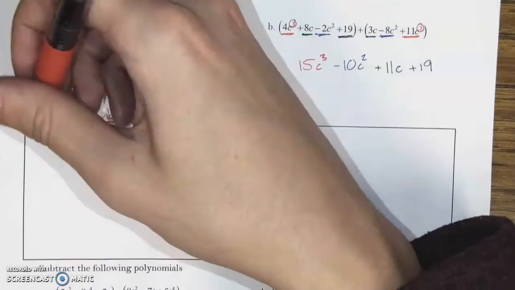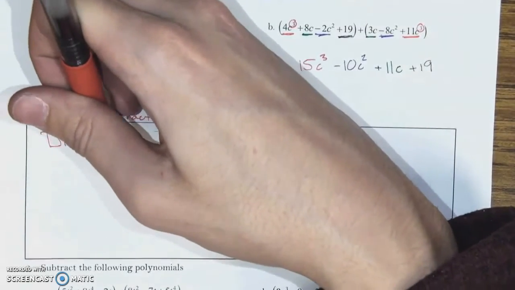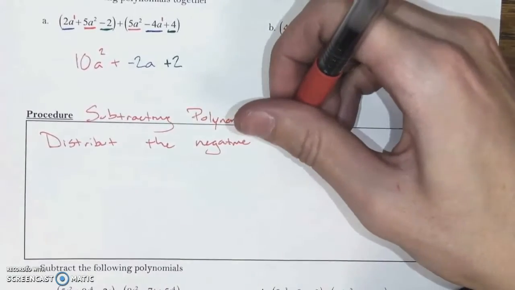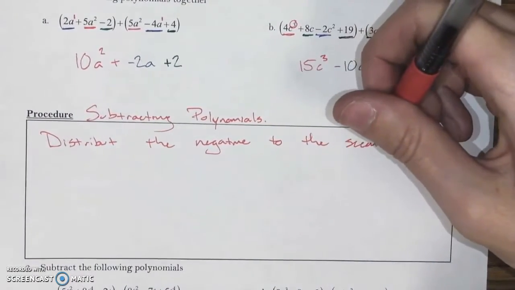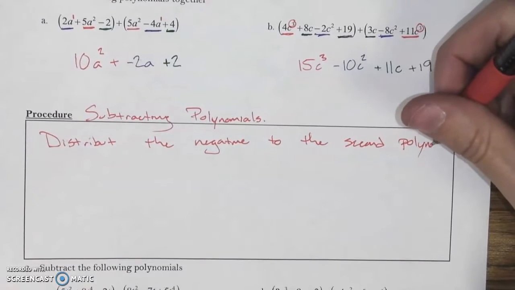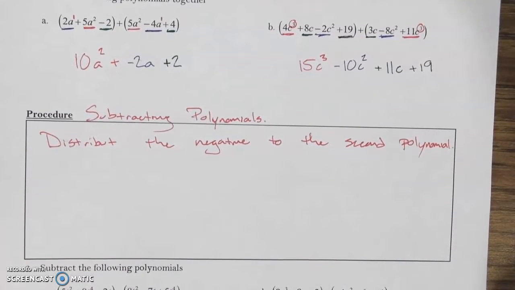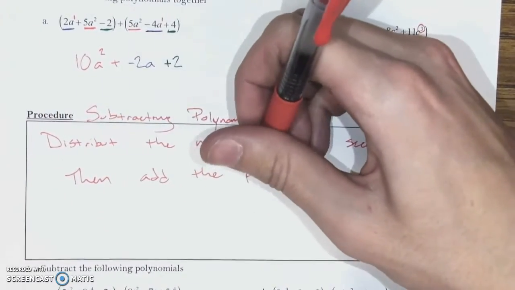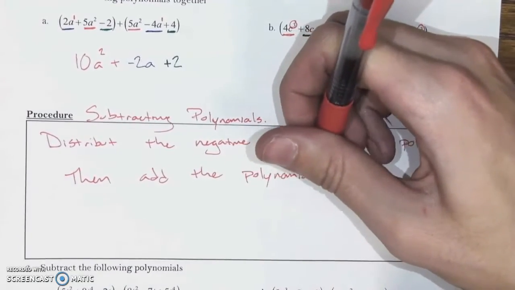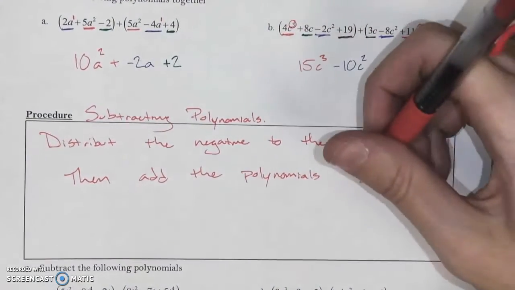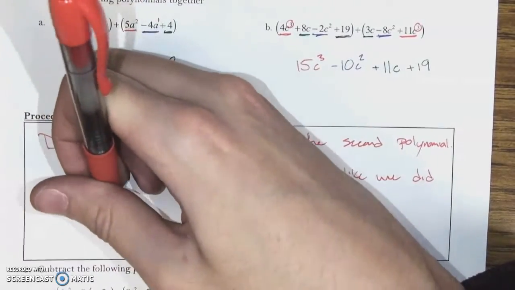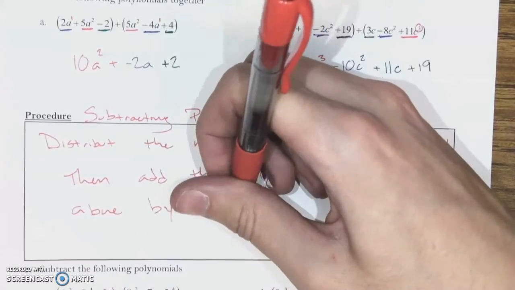The only difference is we want to distribute the negative to the second polynomial. Then we add them just like we did above, by combining like terms.